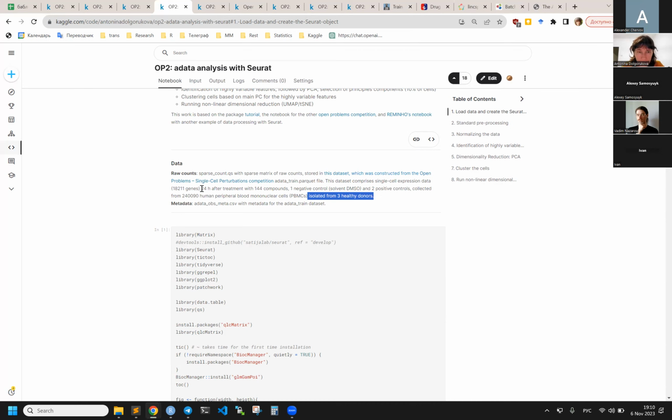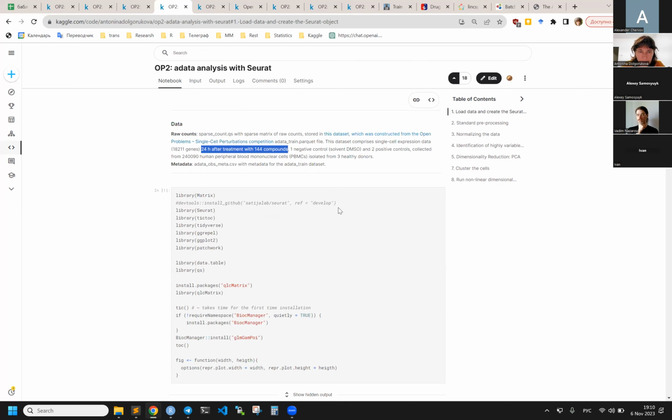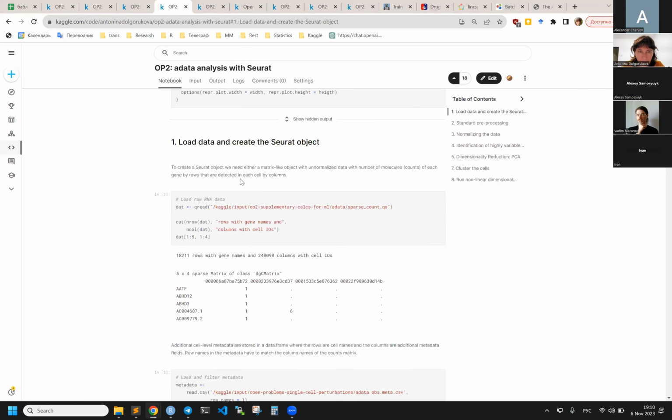And it's unusual for a general Seurat analysis: we have gene expression data after treatment with drugs, not baseline. And let's see what we can find here. So here I load the data.